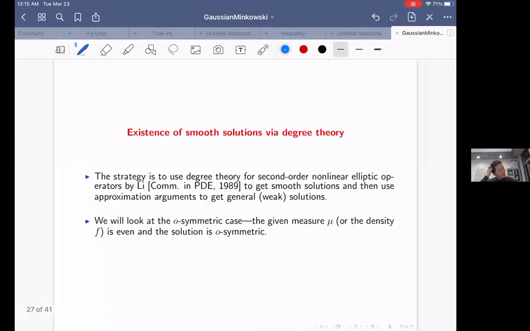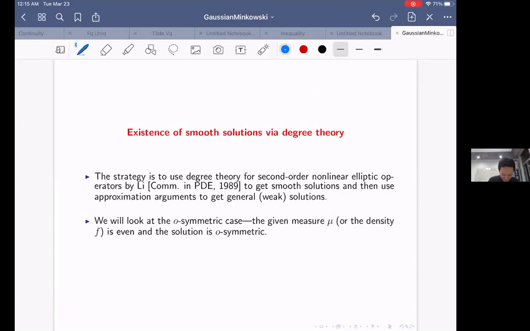But somehow, let's recall that we have uniqueness under some assumption. If we assume gamma n of K is larger than 1 over 2, we have uniqueness. So maybe we can try to use some methods from PDE, for example, the method of continuity or degree theory.